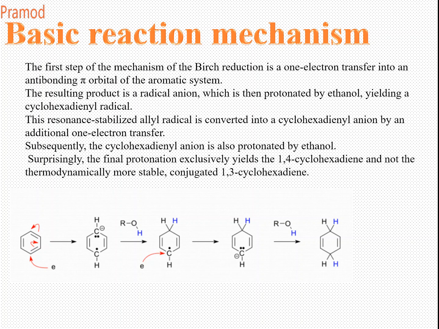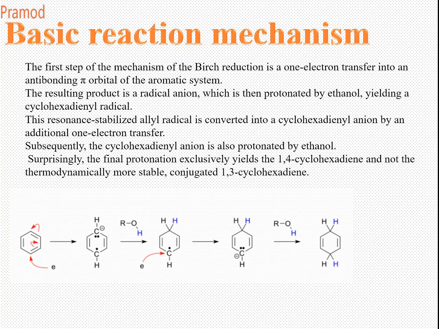Okay, cyclohexadienyl radical. Now this radical again gets an electron from your sodium metal, which again gets protonated by your alcohol to give you the corresponding cyclohexadiene.